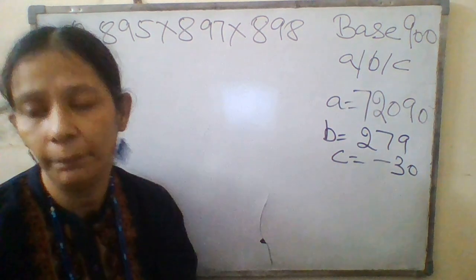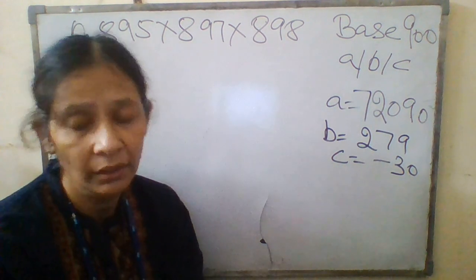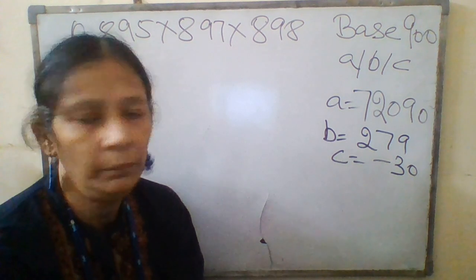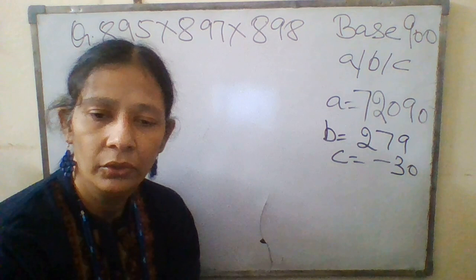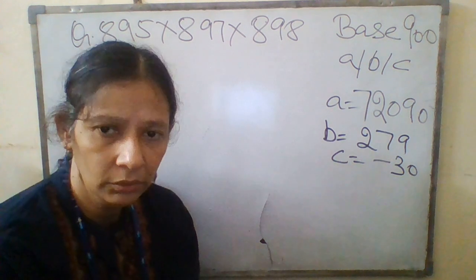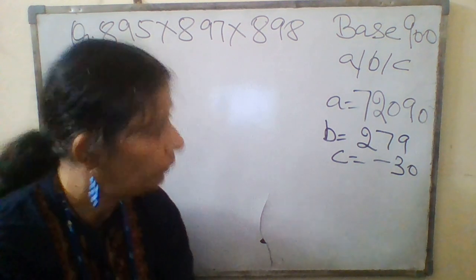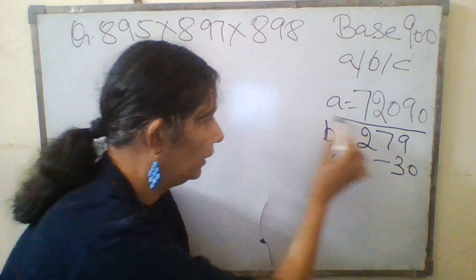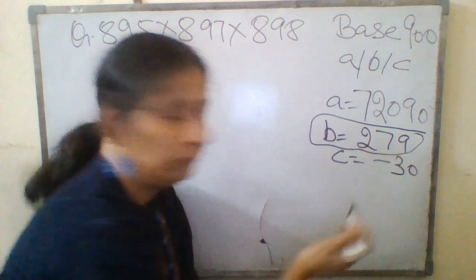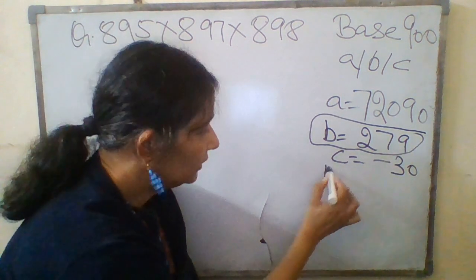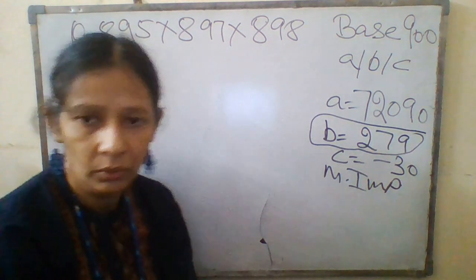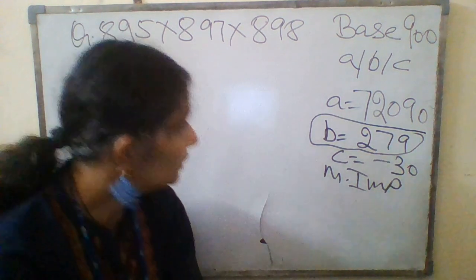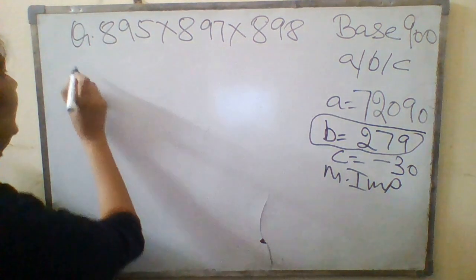But in B part there is something different, and which is very important. If you will not take care of this B part, your full question will be wrong. So this is your most important point. Okay, this B part, look at B part. Here you have 3 digits. This is your most important part. Okay, this is what I told you in the starting. Just take care of this. So start balancing this.